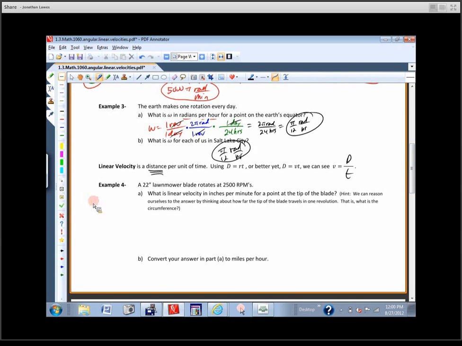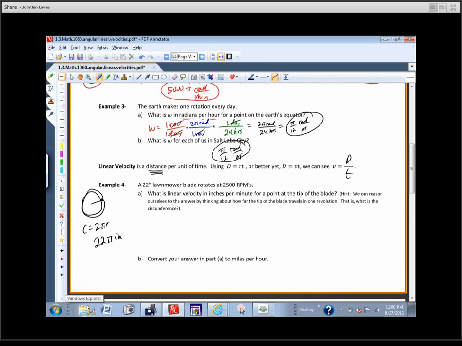Let's see, if we've got this blade here and it spins around like this, so it starts right there, we could figure out how far it goes in 1 revolution. How would we figure that out? Circumference. Circumference equals 2 pi r. So that would be 22 pi inches. That's one revolution.